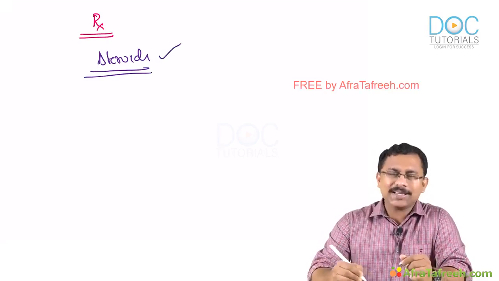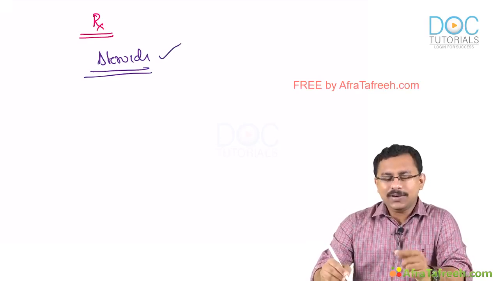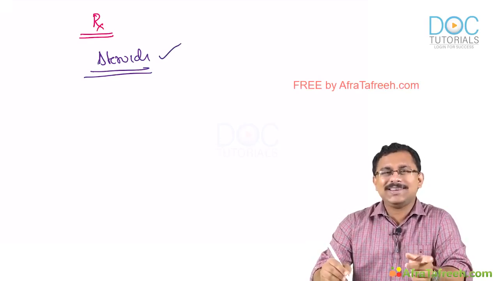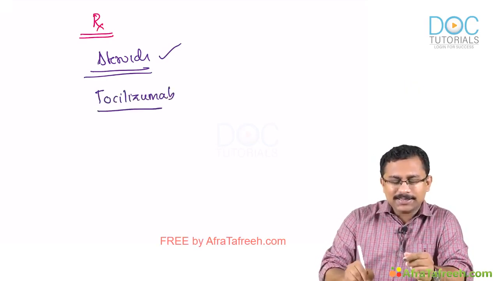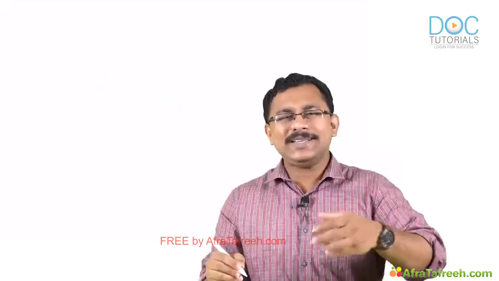So steroids are often used. And I told you tocilizumab is used in giant cell arteritis. It has been tried in cases of Takayasu arteritis as well, and the results have been reasonably good. So we might see tocilizumab being used more and more in Takayasu arteritis, because let me tell you, this is not a good disease to have.